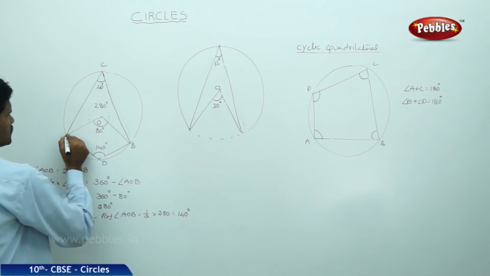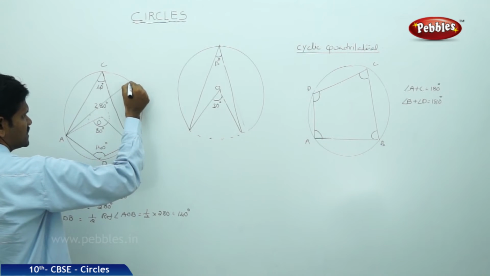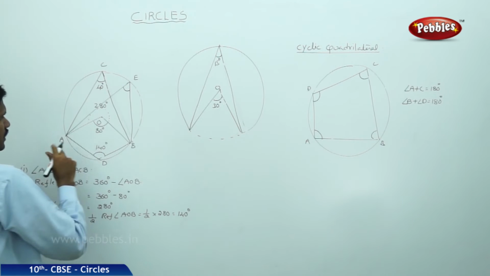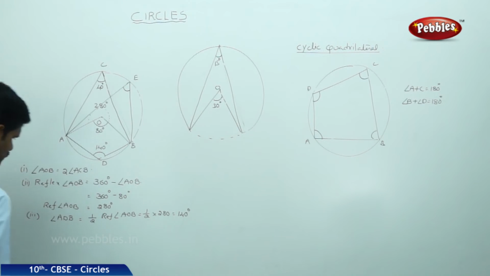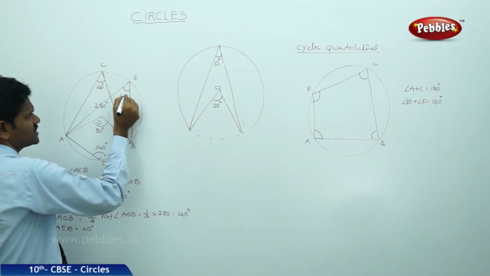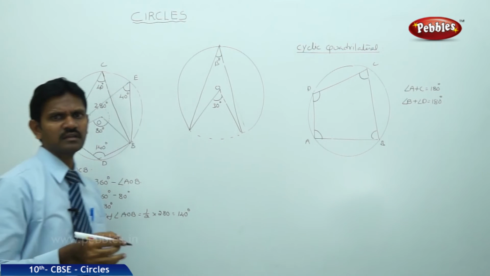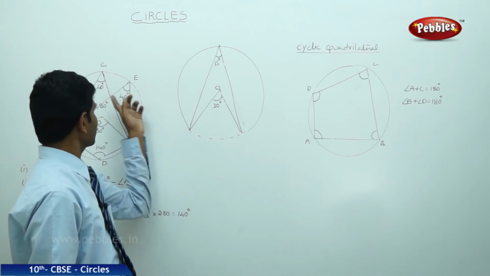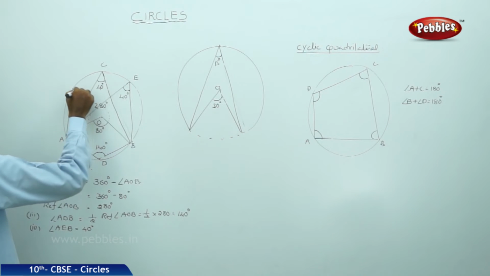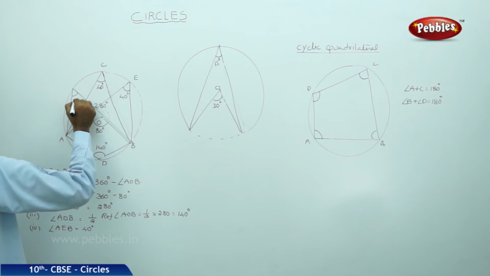Next, from this, what is the angle AEB? Fourth one, angle AEB is equal to 40 degrees. Reason: angles in the same segment are equal. If you draw as many angles here, what's the angle? 40 degrees.